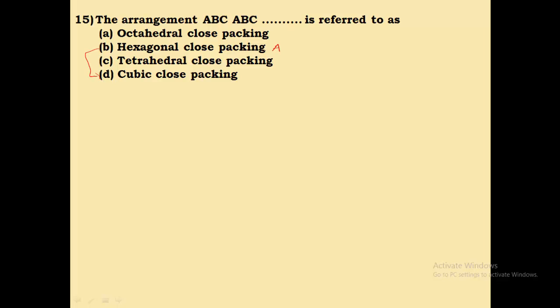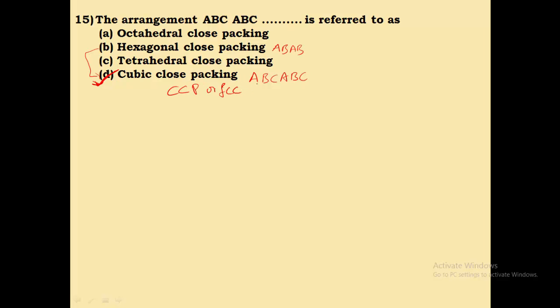In hexagonal close packing, you will observe AB type, and in cubic close packing, you will observe ABC type of arrangement. So option D, that is CCP or FCC.